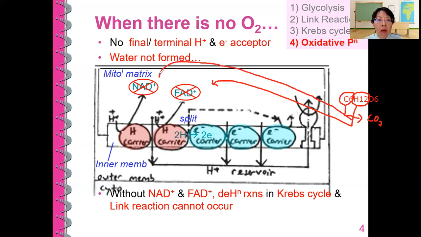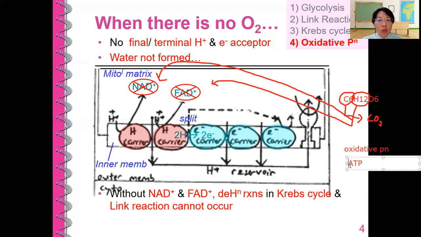It must be carried by these two carriers to be brought to the inner membrane of mitochondria to undergo oxidative phosphorylation. Then only it can be used to produce the ATP that we want, because oxygen is used to oxidize them, so ATP can be synthesized.